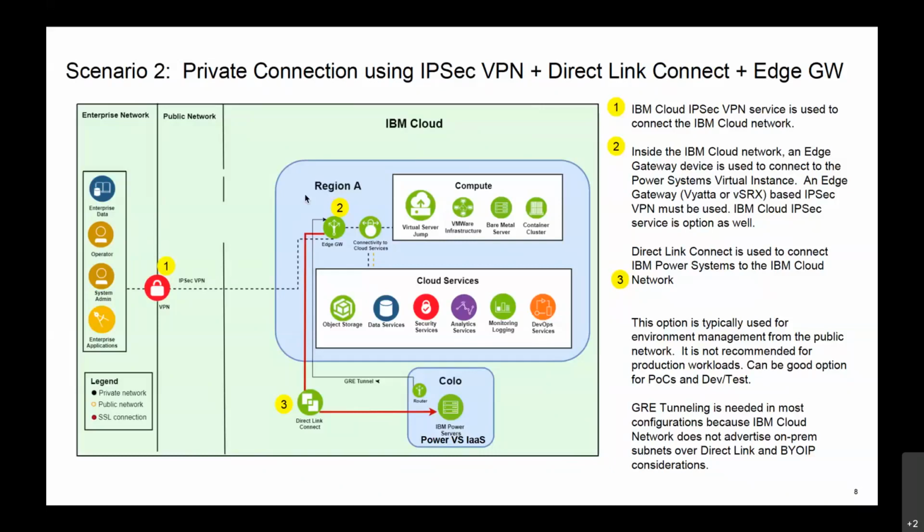We're using that Direct Link Connect between Power Virtual Server and either Gen 2 VPC or IBM Cloud Classic. So hopefully you're starting to get the idea that if I'm doing PowerVS, I don't want to say 100% of the time, but just about all the time, you will need it. Somebody may come up with an example where you don't need it, and maybe I'm using Megaport directly to PowerVS or something like that.